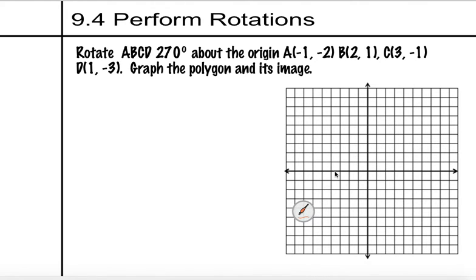So the original one, let's plot that. (-1, -2) is where A is at. (2, 1) for B. (1, 2, 3, -1) for C. And then (1, -3) for D. So here's the original figure.